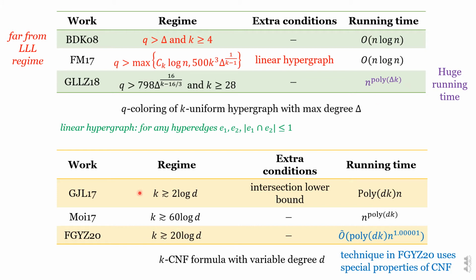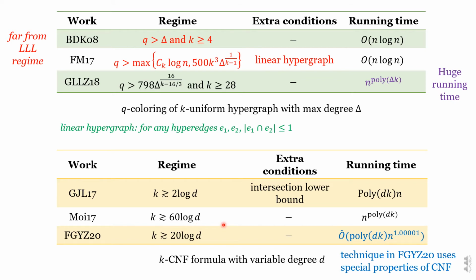For k-CNF, Hen, Mark, and Jingcheng proposed an interesting sampling algorithm. The algorithm achieves the region k is greater than or equal to 2 log d, but has an extra condition on the intersection lower bound between the clauses. In a breakthrough work, Moitra improves the bound to k is greater than or equal to 60 times log d.